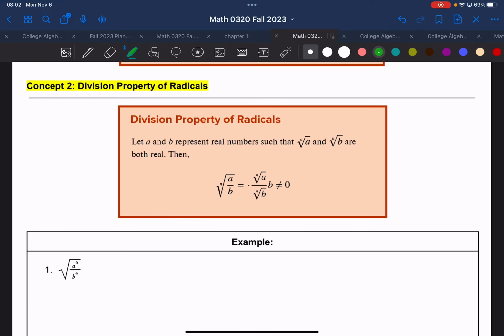So the division property of radicals states that if we have two radicals, in this case radical A and radical B, and we divide them, that's the same as giving the radical to each part. Okay, same thing that we did before. So if we have a radical, like a square root over a fraction, we can give that square root to the numerator and the denominator.